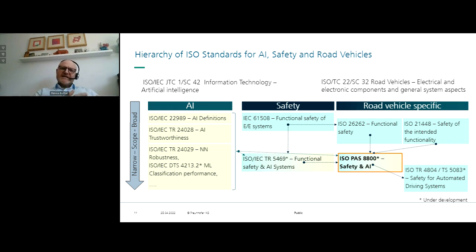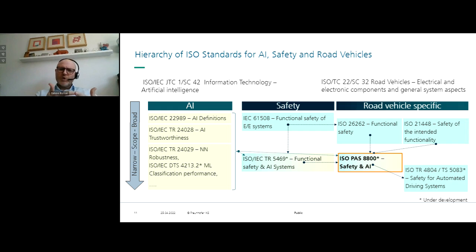What we can see here on the left-hand side of the slide are a set of generic standards for AI that are being developed, where these standards, going from the top of the slide down, have an increasing level of detail to them. So the standard 22989 defines a set of terms and definitions to be used when talking about AI. And then we have standards talking about trustworthiness criteria, which is somehow related to the last slide I showed.